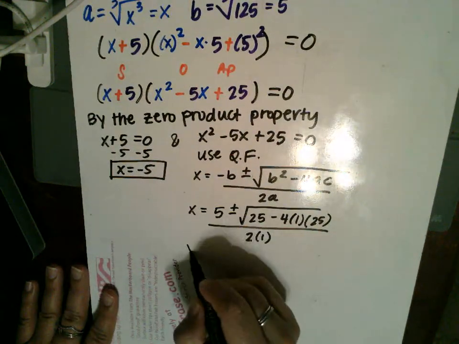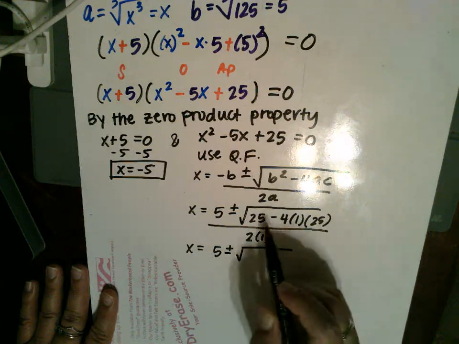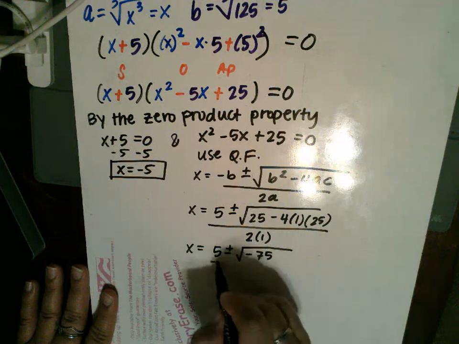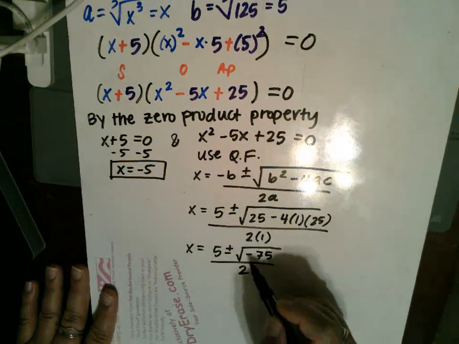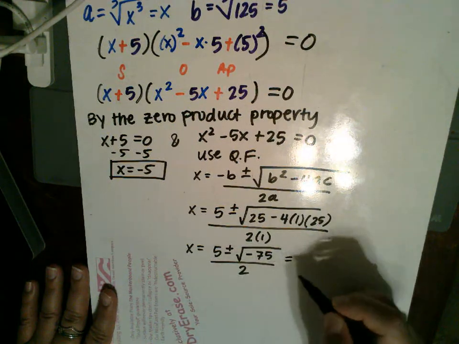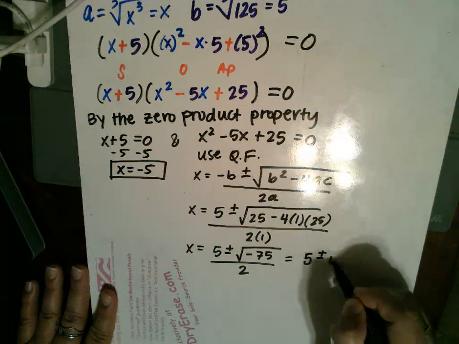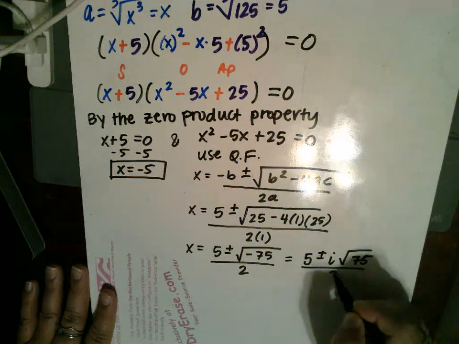Continuing this, I get x is equal to 5 plus or minus the square root of 25 minus 100, so -75, all over 2. Here, whenever we have a negative inside of the square root, we can pull it out by writing it as an imaginary number. It's a complex solution. So we have 5 plus or minus i radical 75 all over 2.